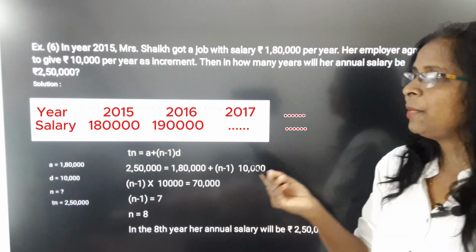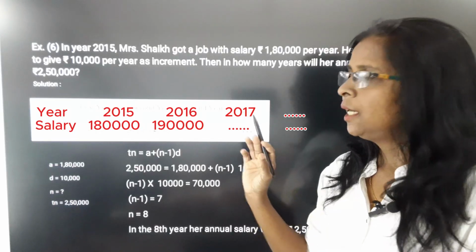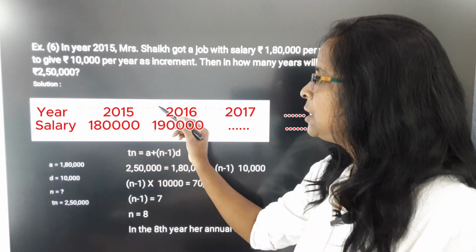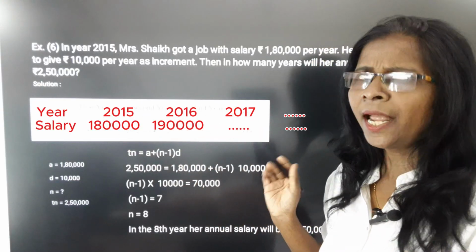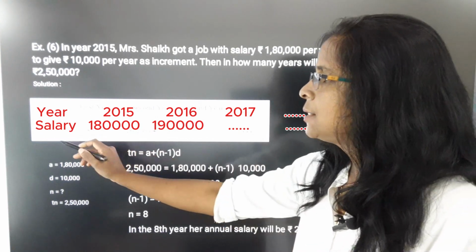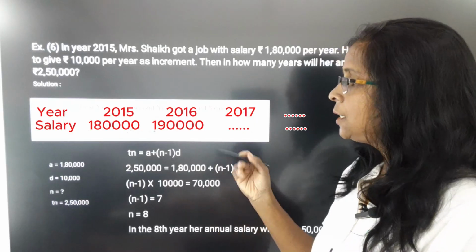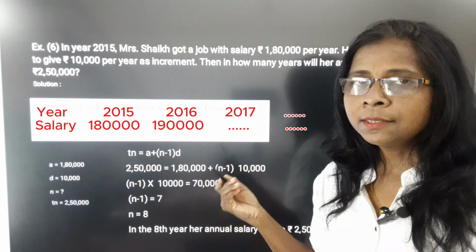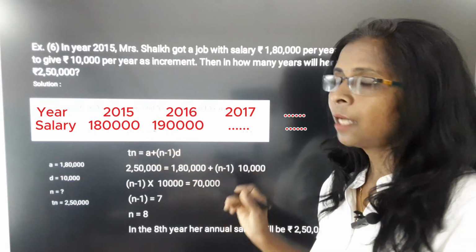Okay, so we can write this information in a tabular fashion: the first year 2015, second year 2016, third year 2017, and so on. The salary in the first year is 1,80,000, and it increases by 10,000 per year. That is, in the second year the salary will be 1,80,000 plus 10,000.